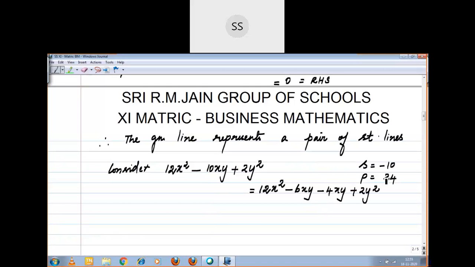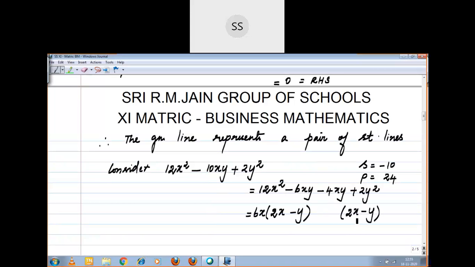The minus 10, you split and write it as minus 6 minus 4. When you multiply, you will get plus 24. When you add, you will get minus 10. Now, in both the things, which is common? 6x is common. Then inside the bracket, you write 2x minus y.